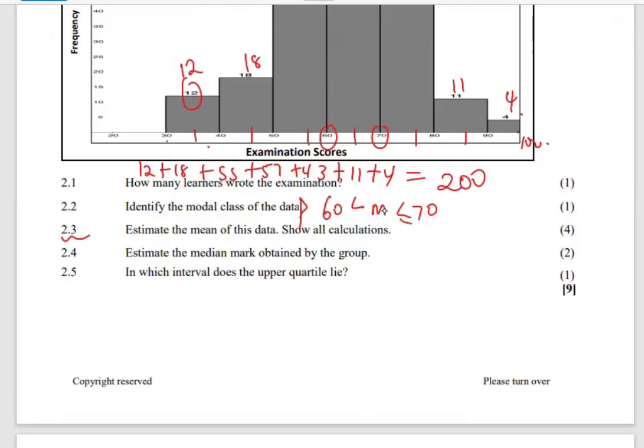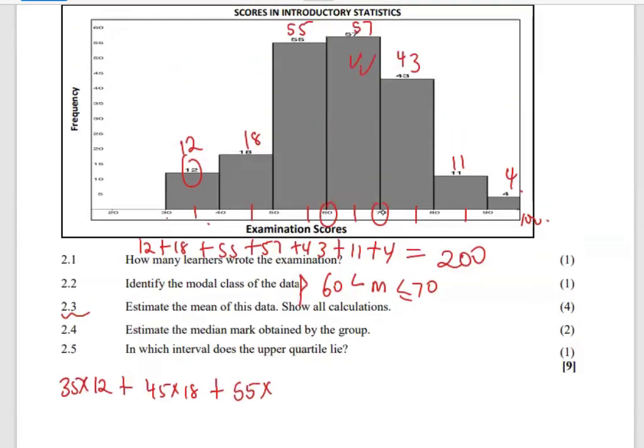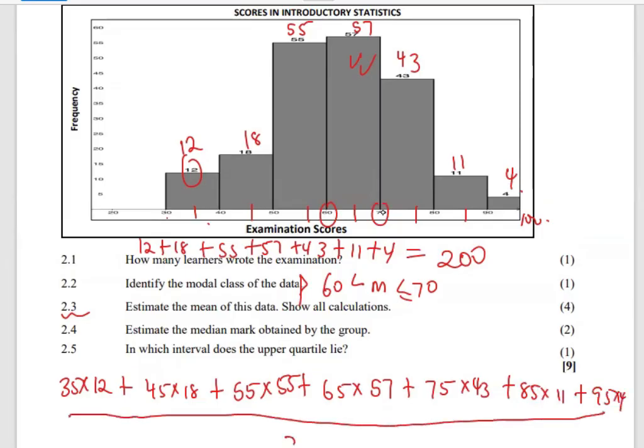So here we're going to have 35 multiplied by 12, plus 45 multiplied by 18, and then 55 multiplied by 55 again, plus 65 multiplied by 57, and then 75 multiplied by 43, 85 by 11, and then 95 by 4. And then the answer we get, we must divide by 200. The formula tells us that the estimated mean should be the summation of fx over the summation of f.